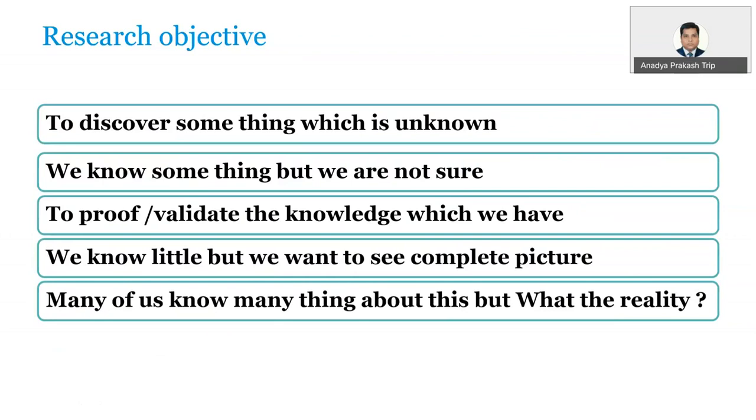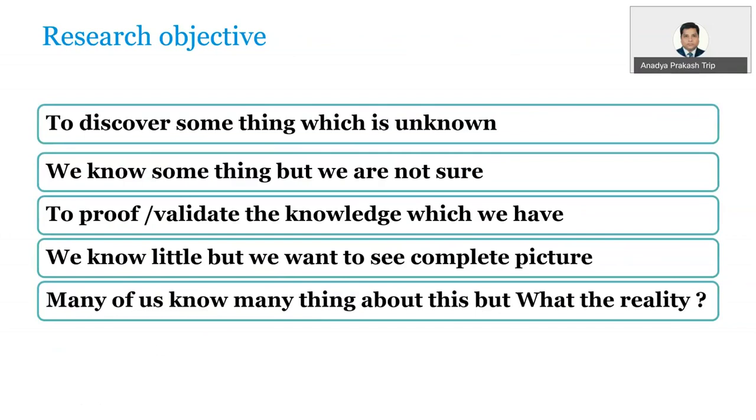The second type of situation is that we know something about that, but we are not sure whether my knowledge about this is correct or wrong. So this also can be validated with one kind of research objective. Similar kinds of things, to prove and validate the knowledge which we have.